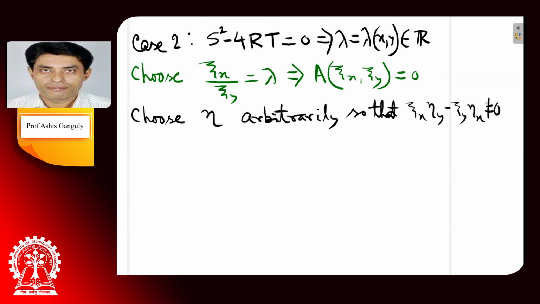Okay. Now, the point is that you already know I stated that this case should be parabolic. But parabolic means either del square zeta by del xi square will remain, or del square zeta by del eta square will remain.